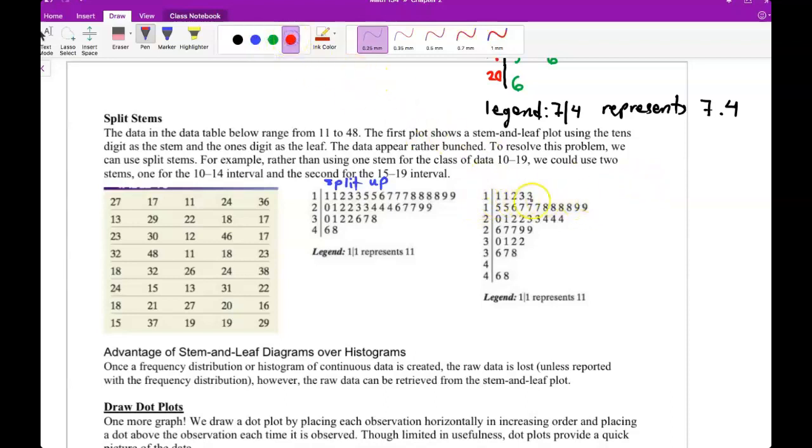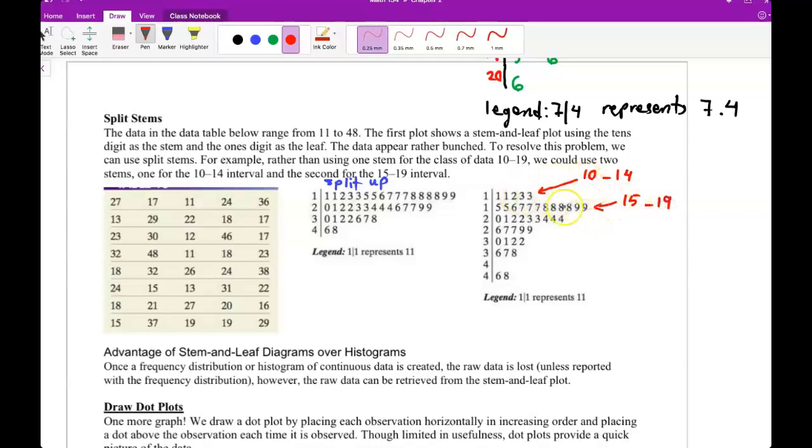So how can we decide how many numbers go on top and how many go in the second part? This one is the class from 10 to 14, which is actually 14.999. Then here is 15 to 19.